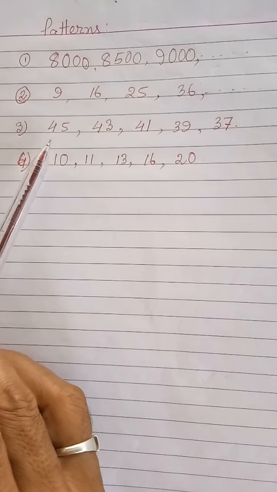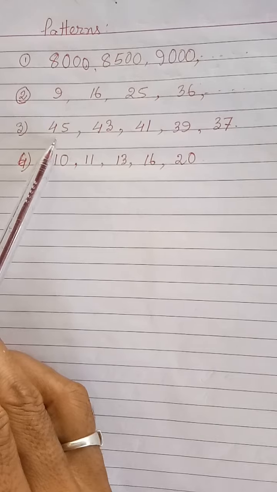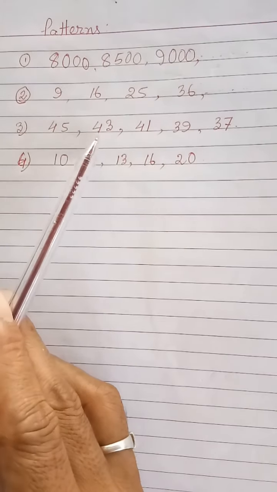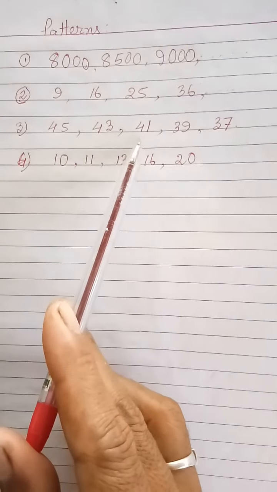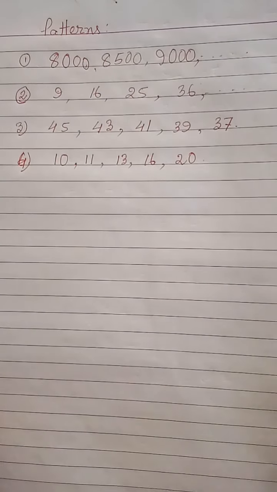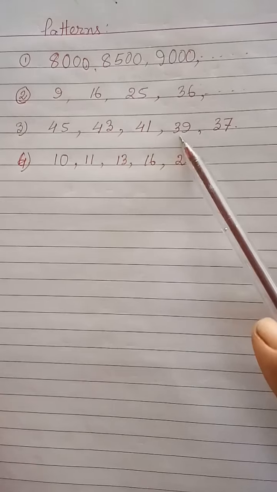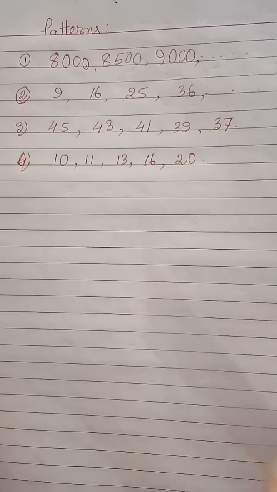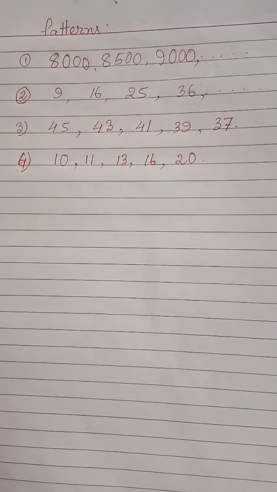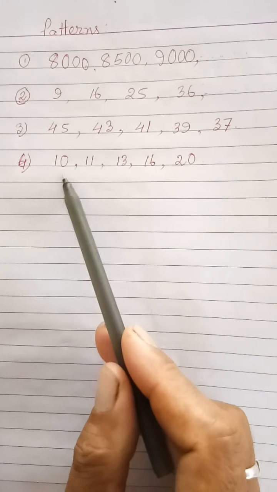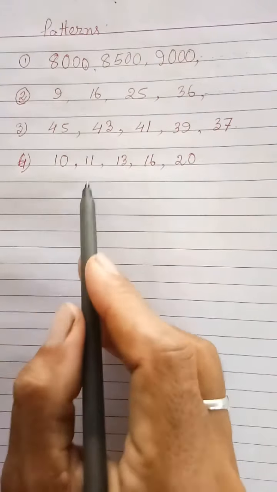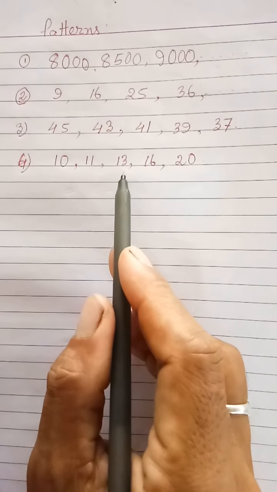And similarly, this is also a pattern. 45, 43, it reduced by 2, again reduced by 2, you got 41. 39, it is reduced by 2, again reduced by 2, you got 37. And also you see here, this is also a pattern. 10 to 11, 11 to 13.